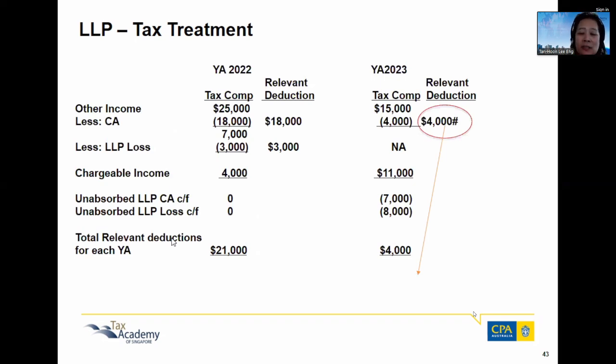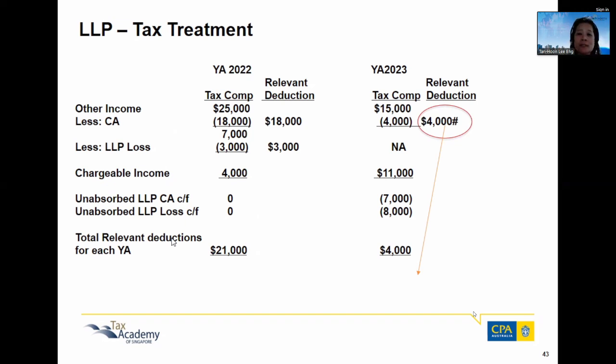Go back to your CC, which is 25,000. 18,000 plus 3,000 is 21,000, which is below 25,000, so we can allow. We allow 21,000 as relevant deduction, which makes his chargeable income 4,000.